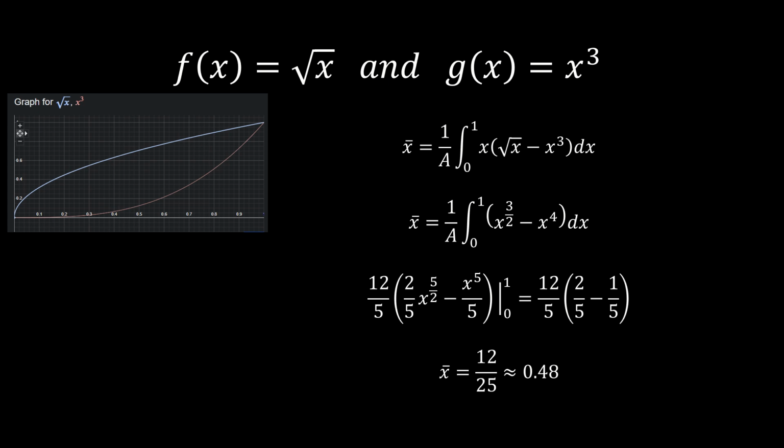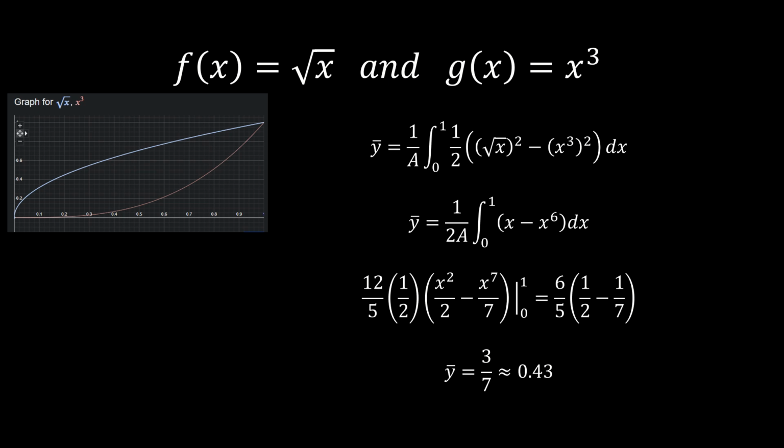Going from 0 to 1, ignoring the side that's just going to be 0, that'll be 12/5 times the quantity of 2/5 minus 1/5. Overall, that comes out to an exact value of 12/25. And just to help us visualize where on our graph that's going to be, that's approximately 0.48.